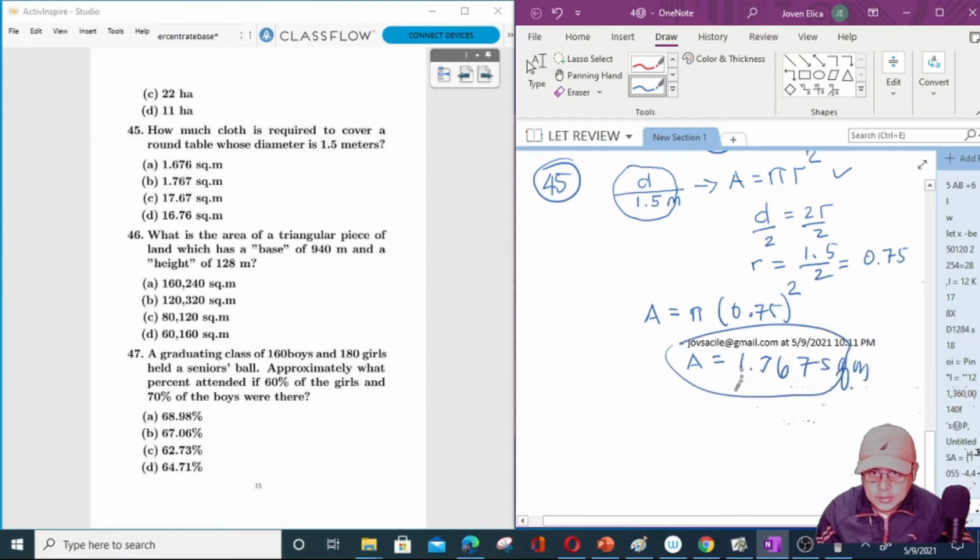This is the answer. 1.76 square meter, which is letter B, 1.67 square meter.